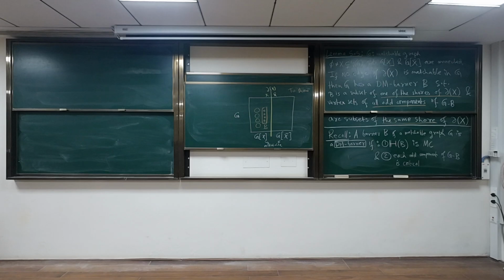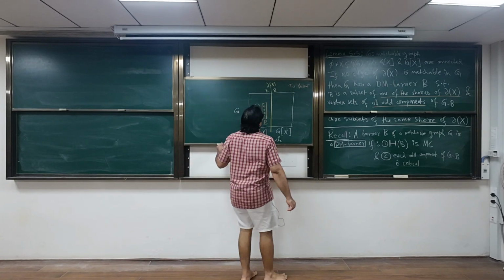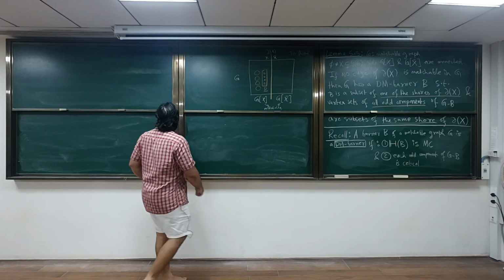But we will use the previous lemma statement which I conveniently erased. We know that in any maximal barrier there is a Dulmage-Mendelsohn barrier. Okay, so let's try.